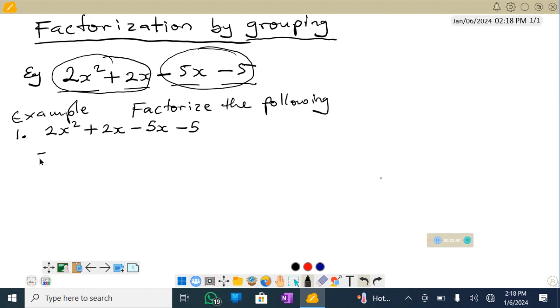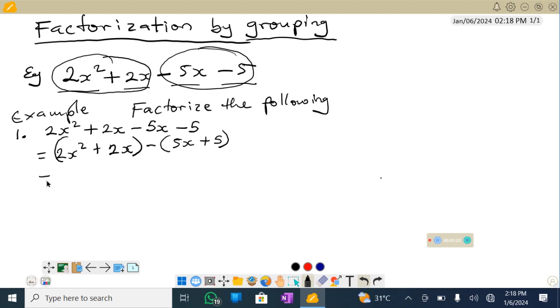So that will give us 2x squared plus 2x. We'll put it in brackets. When you group, you put in brackets. Then minus, bringing out minus, I told you in the last video, when you bring out minus, the sign of this one will change. So bring out minus outside, you have 5x plus 5. So it only changes when there is minus, when you are bringing out minus here.